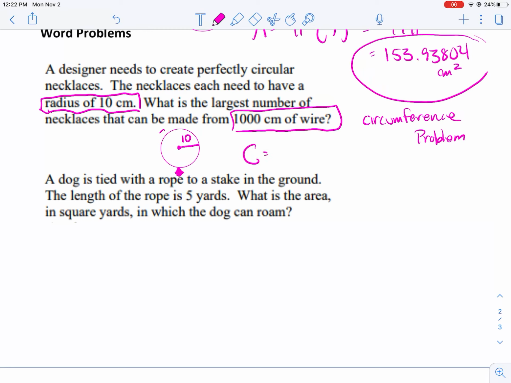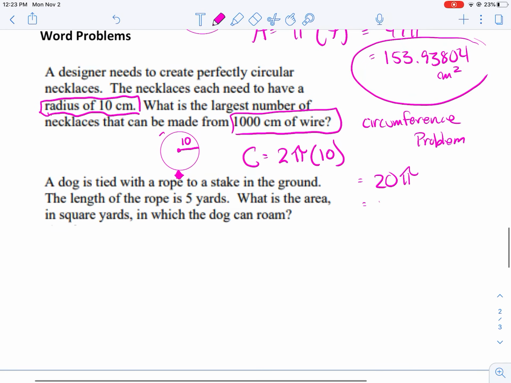So C is equal to 2 pi times 10, which is equal to 20 pi, which is equal to 62.83185307, and that is centimeters.